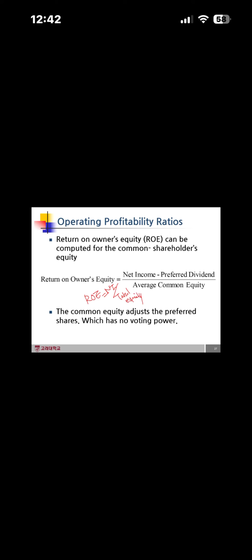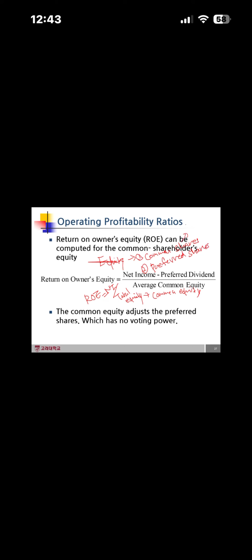So this part is not really important, but some people try to measure ROE more accurately by considering only the common equity. In equity, there are two parts. There are common shares, and the second one is the preferred shares.